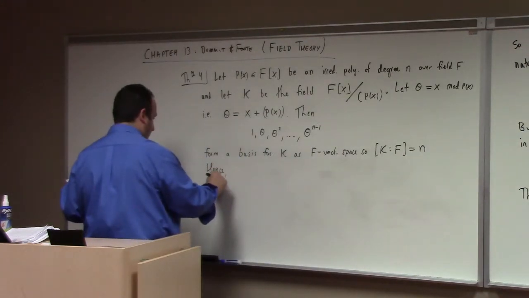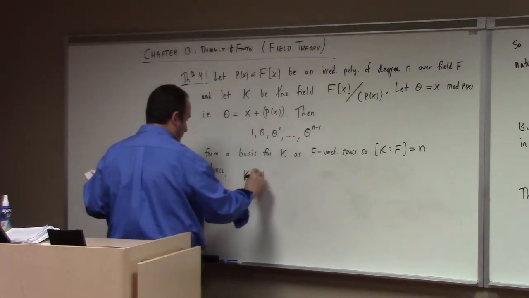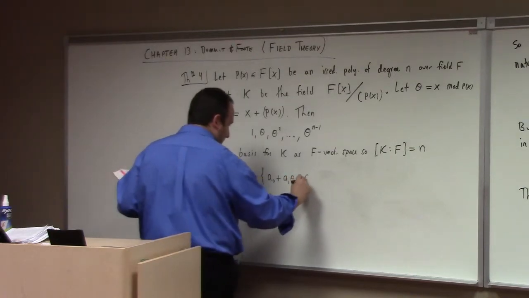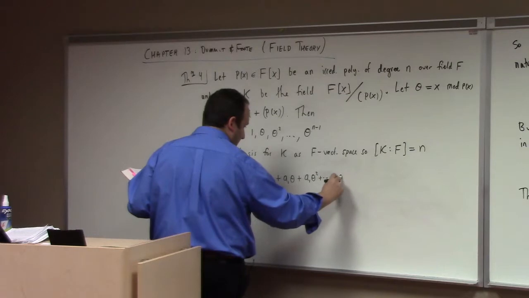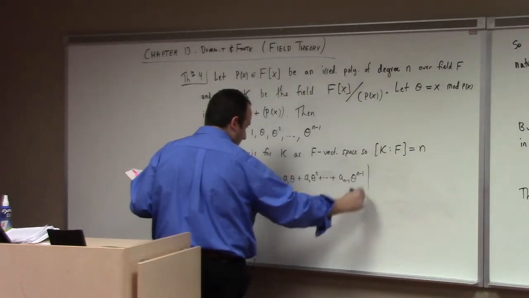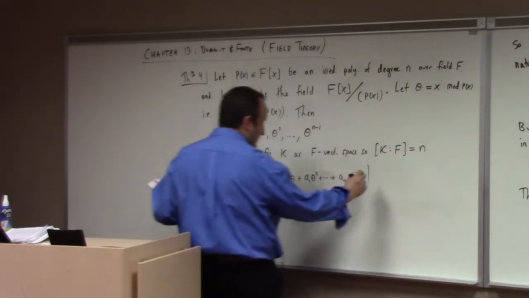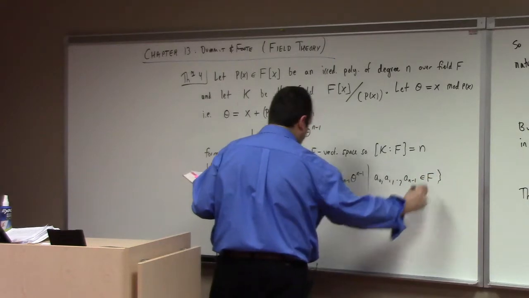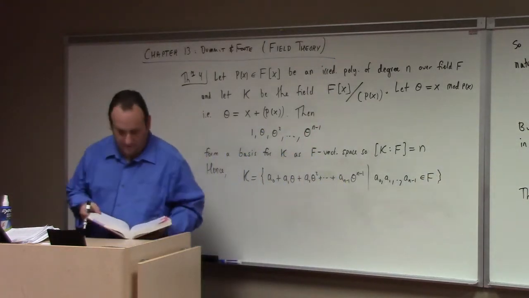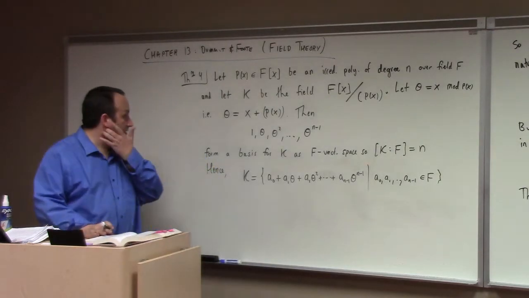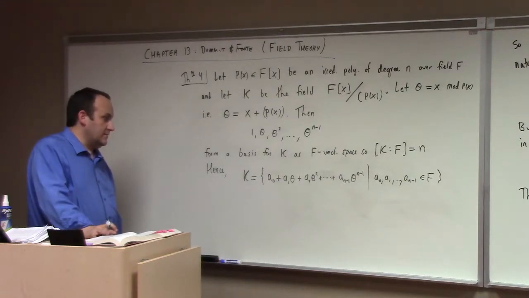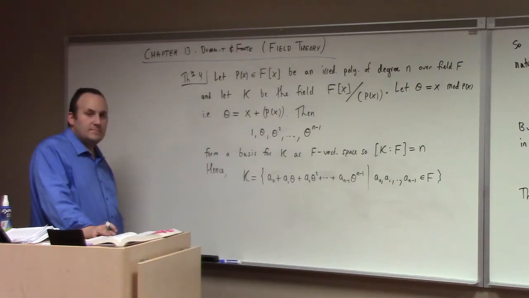And here's the characterization of it. What does K look like? K is equal to a0 plus a1 theta plus a2 theta squared plus up to a(n-1) theta to the n minus 1, such that a0 through a(n-1) are in the field. In other words, the extension of F is built basically as polynomials of degree up to n minus 1 in this theta.